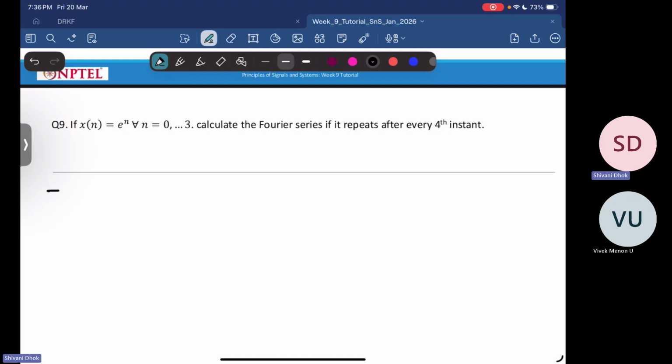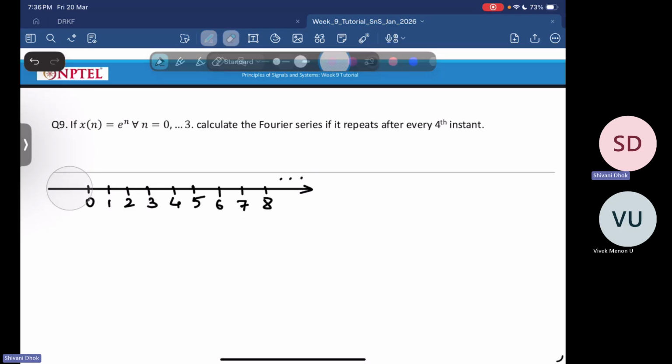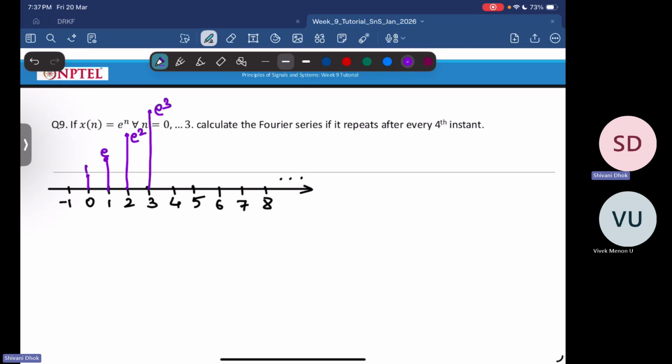So the signal given to us is something like this: 0, 1, 2, 3, 4, 5, 6, 7, 8 and so on, and minus 1 and so on. So you have e power 0 as 1, then you will have e square and e cube, and then it will start repeating.